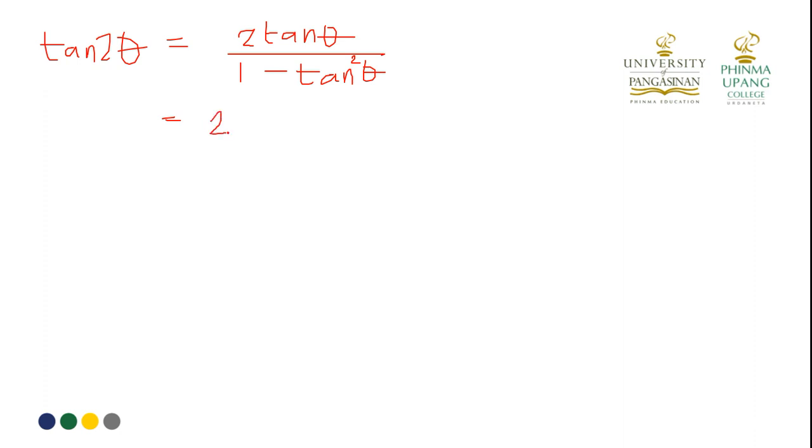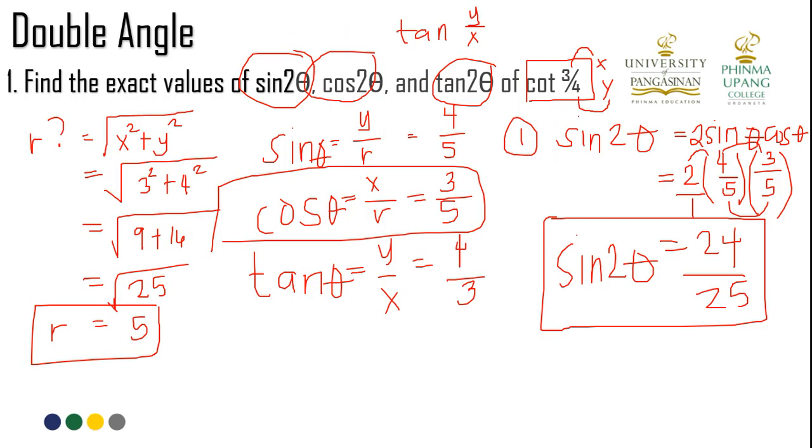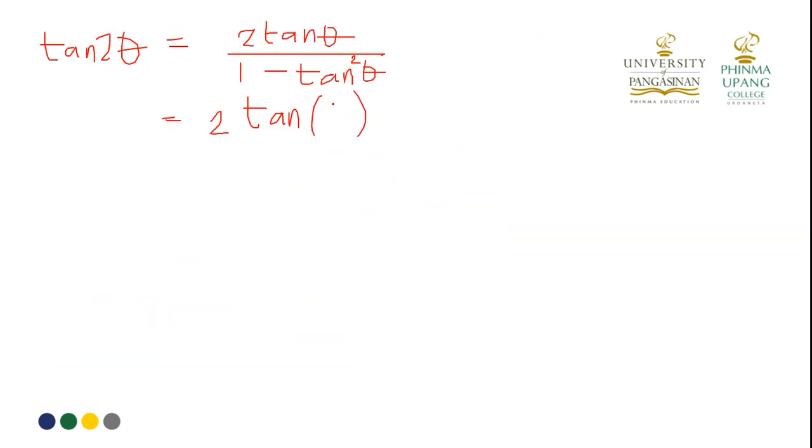Sulat natin yung 2, then tangent. Tignan natin kung ano yung nakuha natin na tangent. Tangent natin is 4 all over 3. Gawin natin yung 4 all over 3 dito. 4 all over 3. Then 1 minus 4 all over 3 again kasi tangent ulit, pero this time we have exponent of 2.